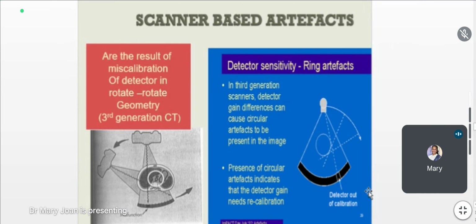We have seen that in third generation, the arc of detectors moves along with the X-ray tube. The movement of this detector can cause an artifact in the image, and the presence of circular artifacts indicates that the detector gain needs to be recalibrated.